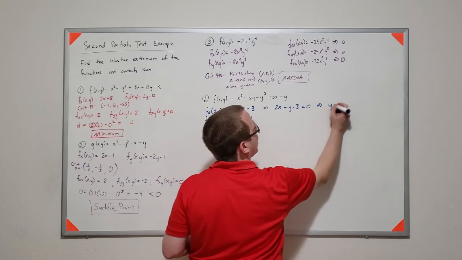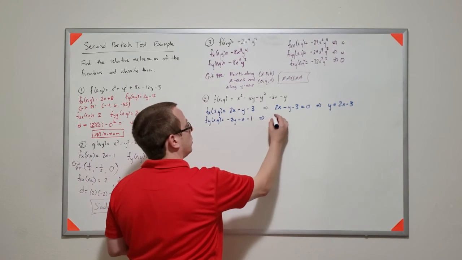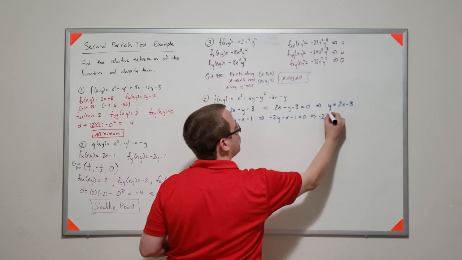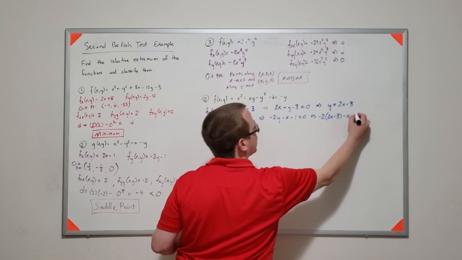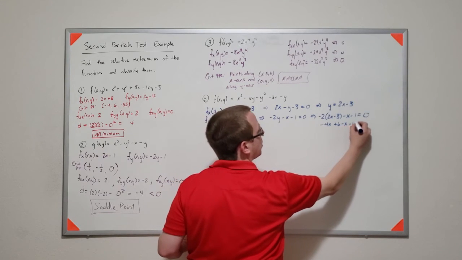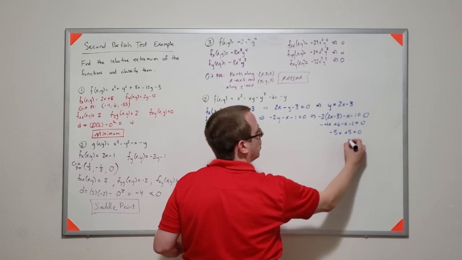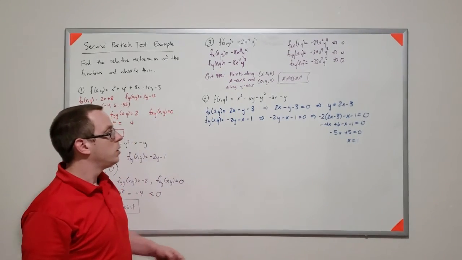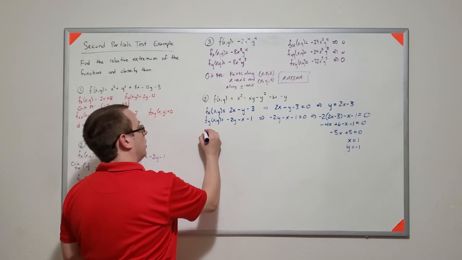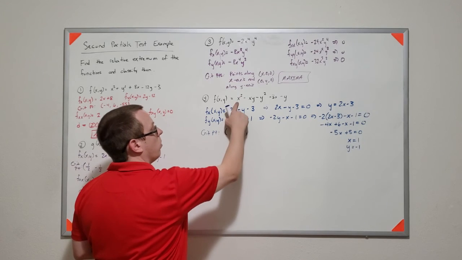That tells me that y is equal to 2x minus 3. So if I have negative 2y minus x minus 1 is 0, then negative 2(2x minus 3) minus x minus 1 is 0. Negative 4x plus 6 minus x minus 1 is 0. Negative 5x plus 5 is equal to 0. x is 1. So if x is 1, that tells me y is negative 1.